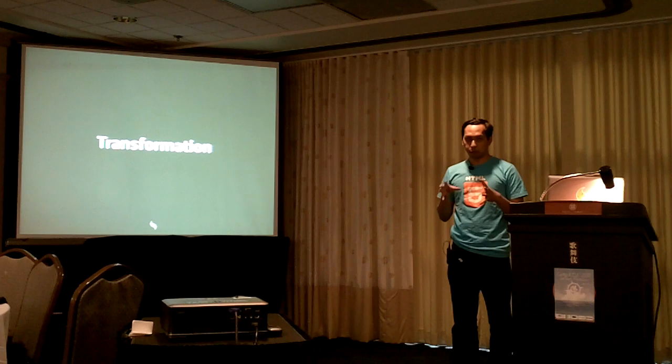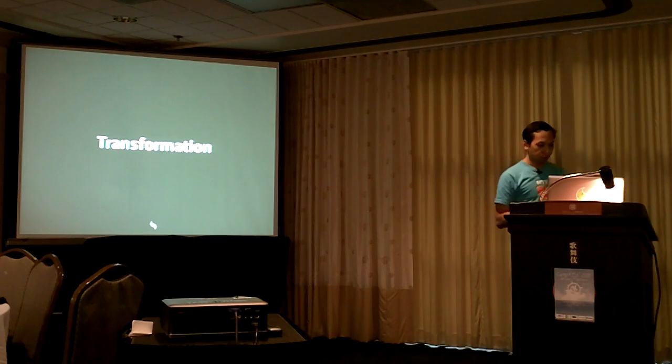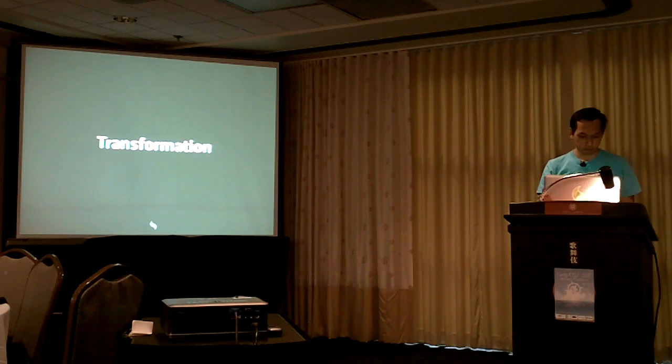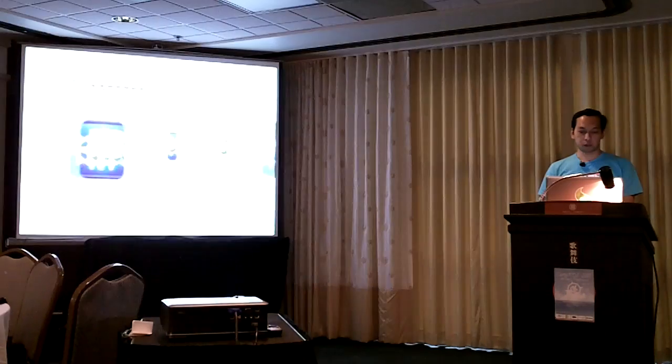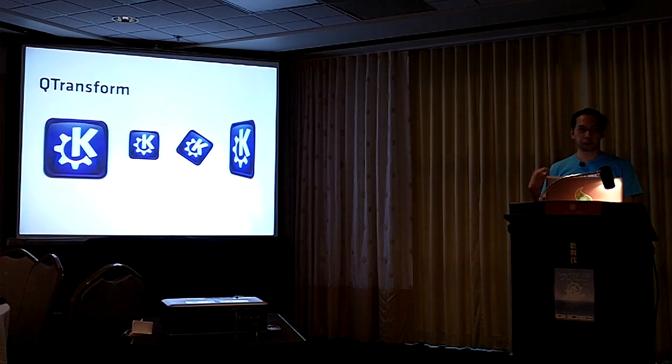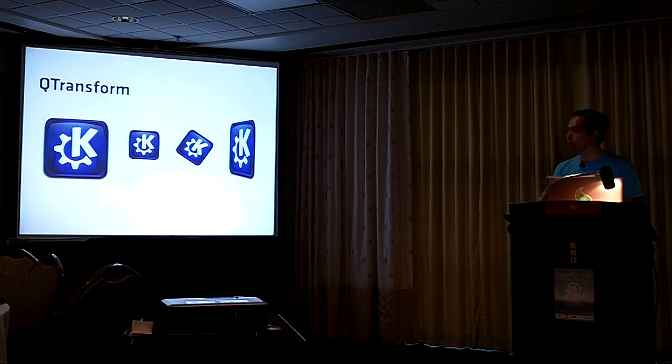This talk is going to be different because I'm mostly going to show you some demos here. Since I don't have much time, probably I'll show it in 5 seconds. Transformation is one of the most underrated features of QPainter, or all the 2D painting stack in Qt. With transformation, if you have an image, you can scale it, rotate it, perspectively transform it.